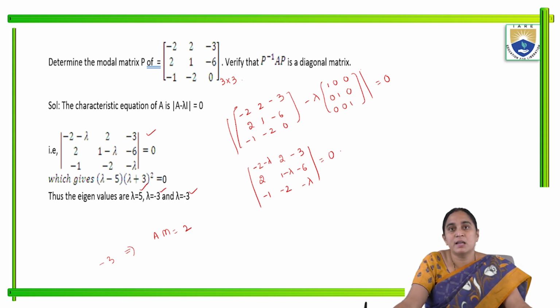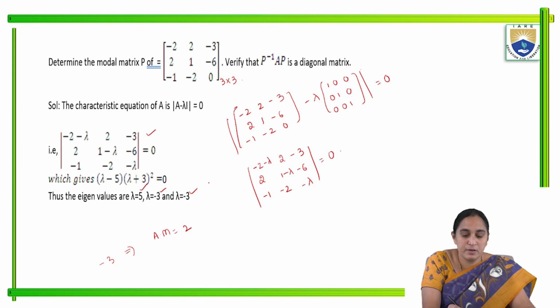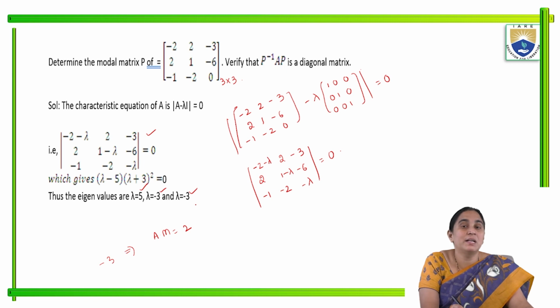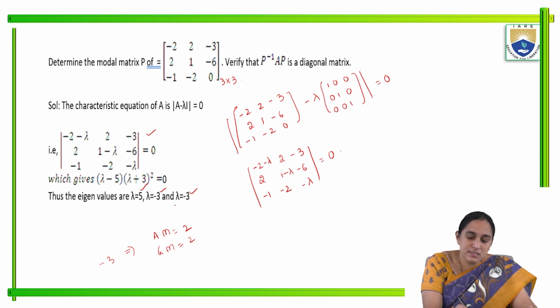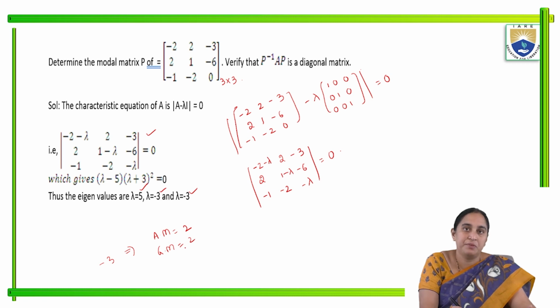After finding the eigenvectors, for similar eigenvalues, only in that case do we get two linearly independent eigenvectors. If you get two linearly independent eigenvectors, the geometric multiplicity is 2. Is it clear to all of you? For the similar eigenvalue, you have to find the corresponding eigenvectors.